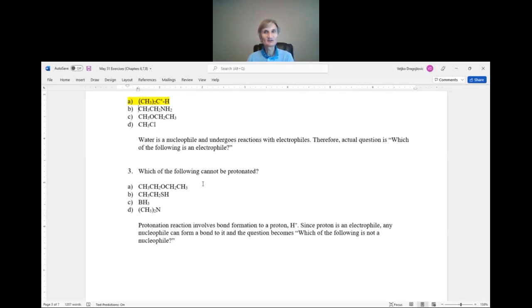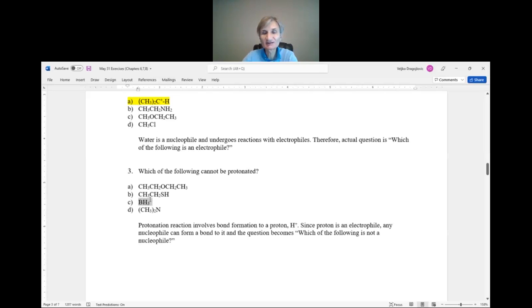And then again, you turn it into an ultimate question. Definition of nucleophile is that it has a free electron pair available for donation. So which of the following does not have an electron pair available for donation? Ether, electron pairs on oxygen, that one has electron pairs available. SH, we have just seen this earlier, this is a thiol, it has electron pairs available for donation.